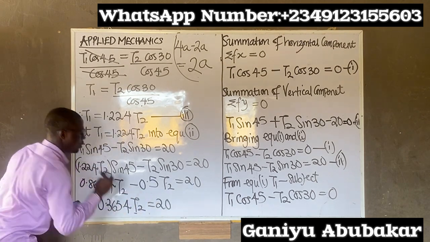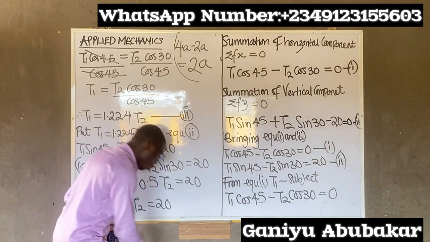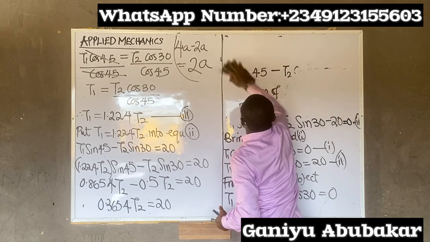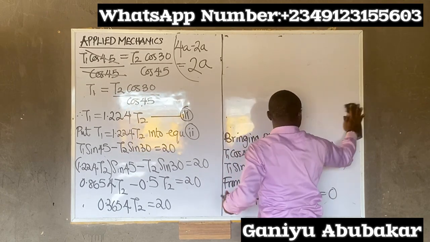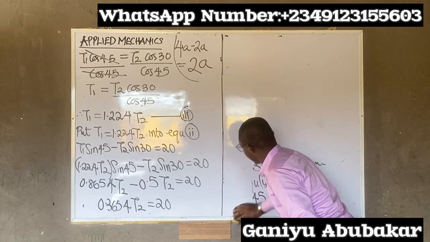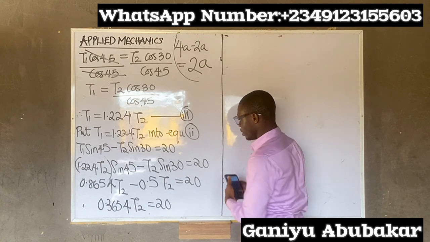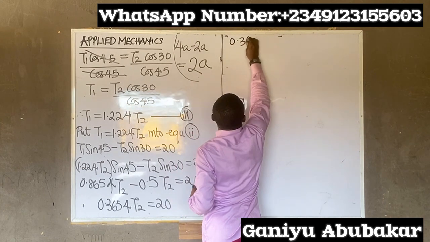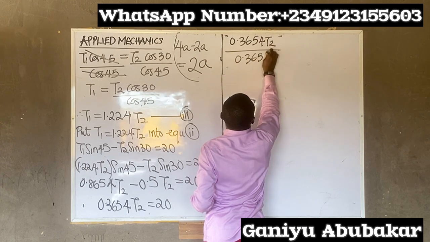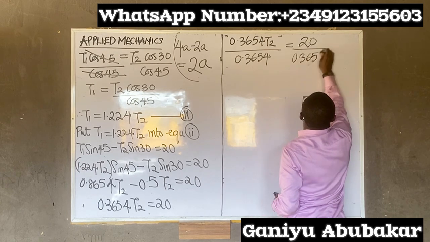This gives 0.3654 T2 equals 20. Let's make T2 the subject. How do you make it the subject? Divide both sides by 0.3654.